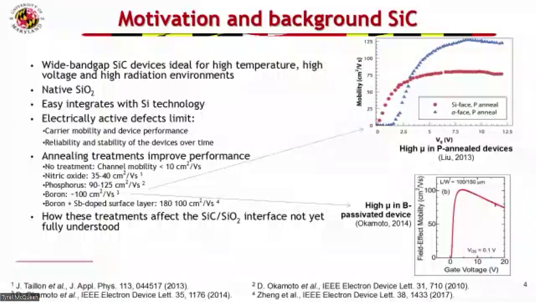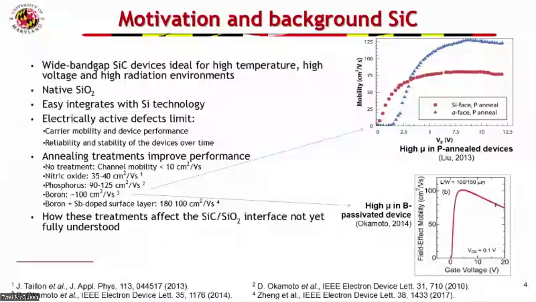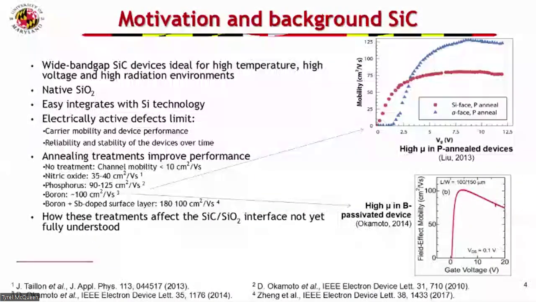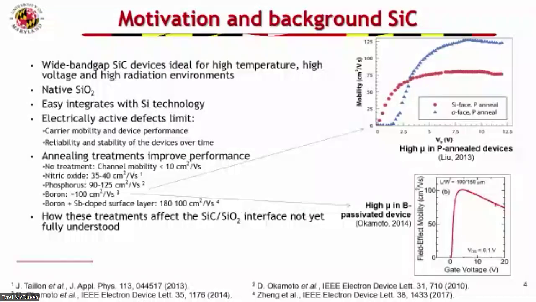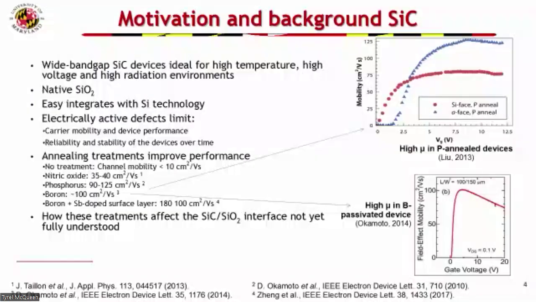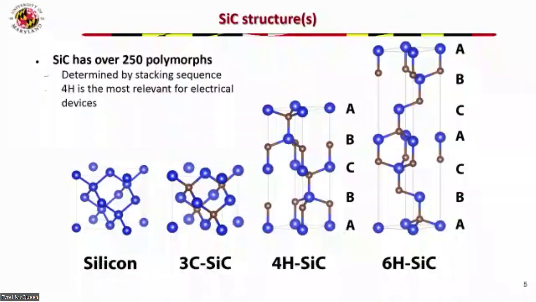You can see that there's a big improvement compared to the samples with no annealing treatment. And same thing for boron, it also increases with the boron annealing to about 180, or 100 centimeters square per volt second. So what we're interested in is finding out how these treatments affect the interface between the two materials, the silicon carbide and the silicon dioxide.